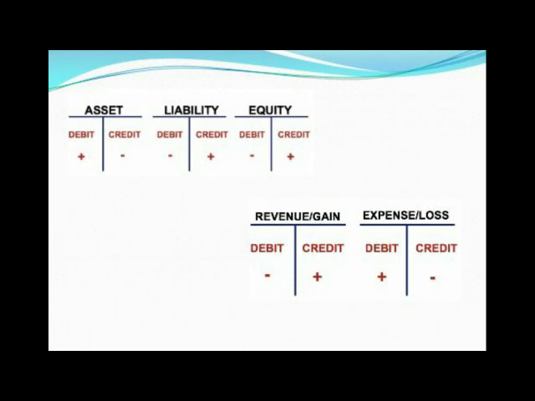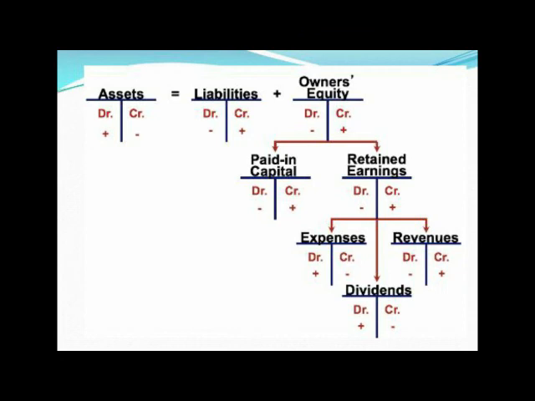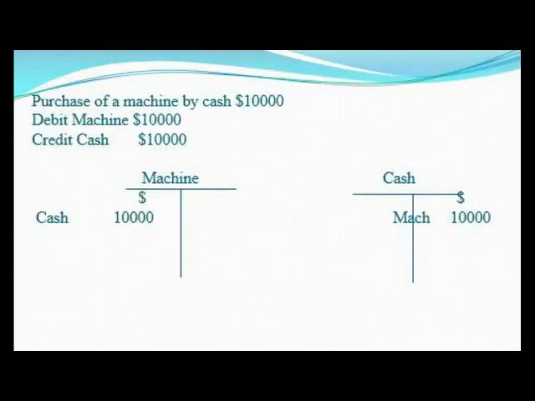The T accounts are the visual representations of the accounts which we make, and a T account has two sides, the left hand side and the right hand side. The left hand side is for the debit side and the right hand side is for the credit side. When we have a transaction, let's suppose purchase of machinery by cash $10,000: debit machine $10,000, and credit cash $10,000.